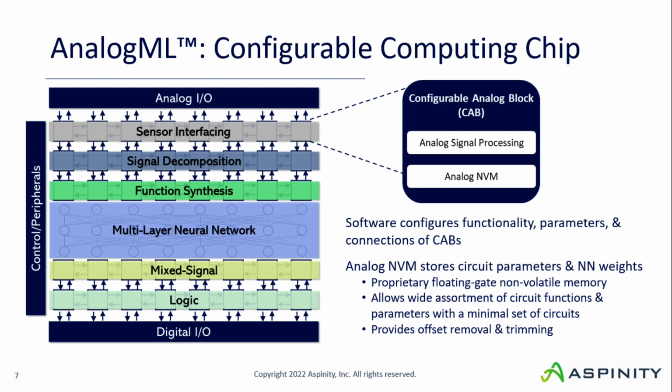The analog non-volatile memory is embedded in each of those signal processing elements. It's based on a custom and proprietary floating gate-based technology where we can store analog values instead of digital ones and zeros.